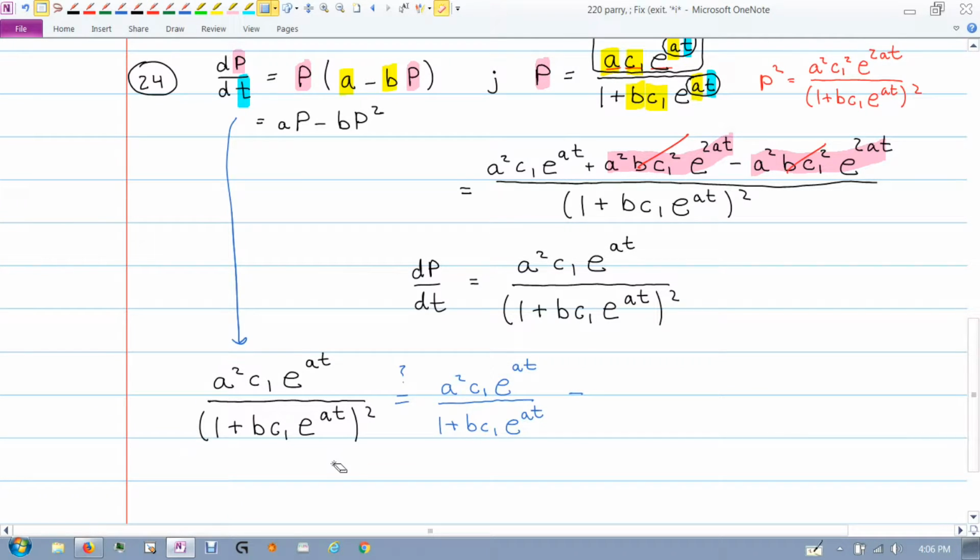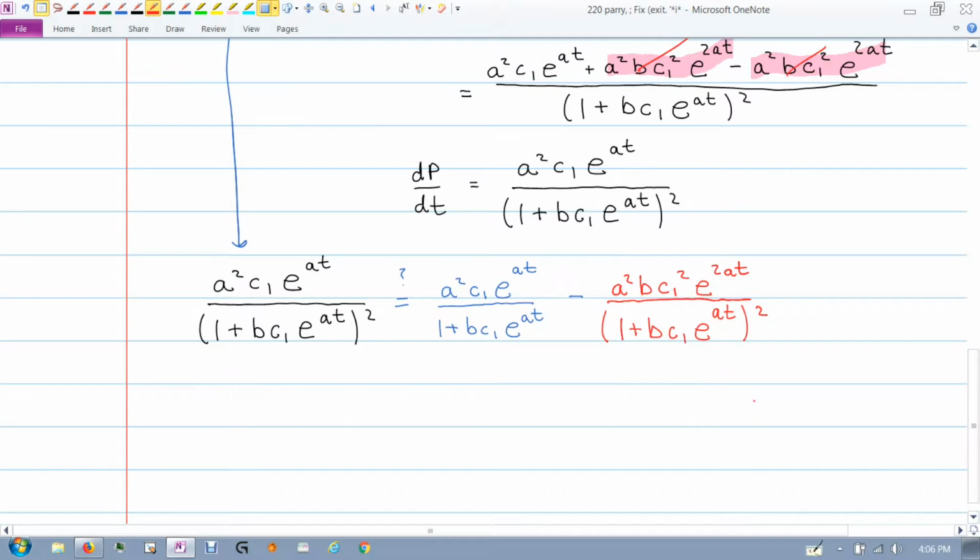So that's what p squared is, and remember I have to put a b in there also. So I get a squared, here's the b, and then c sub 1 squared, then e to the 2at, all over 1 plus b c sub 1 e to the at, that quantity squared.